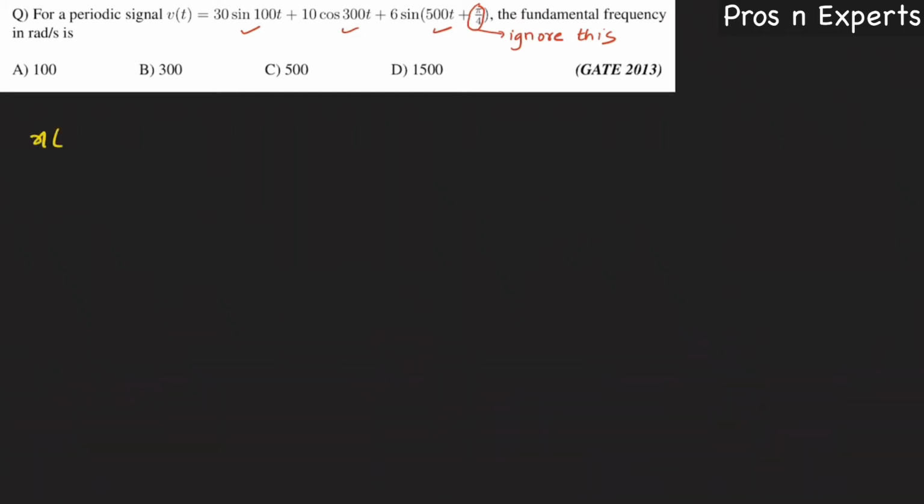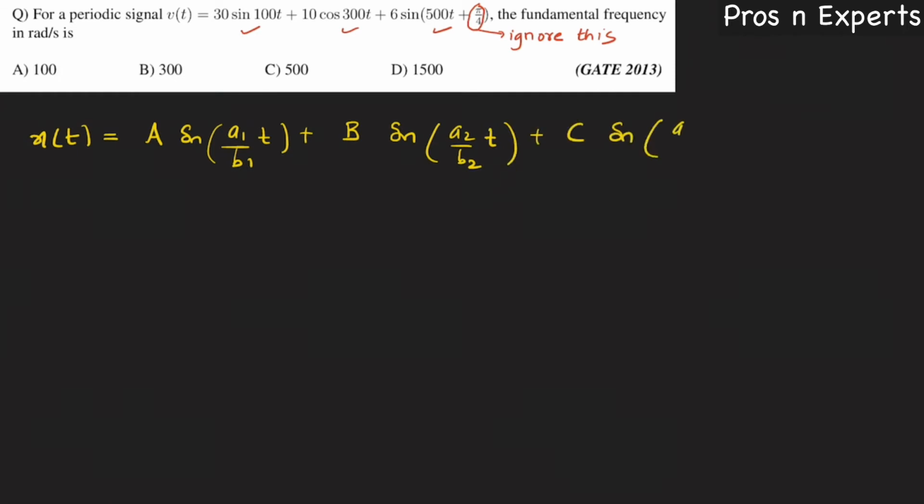If a signal is such that x of t is equal to capital A sine (a1 by b1) t plus capital B sine or cosine, whatever, no problem, (a2 by b2) t plus C sine (a3 by b3) t.